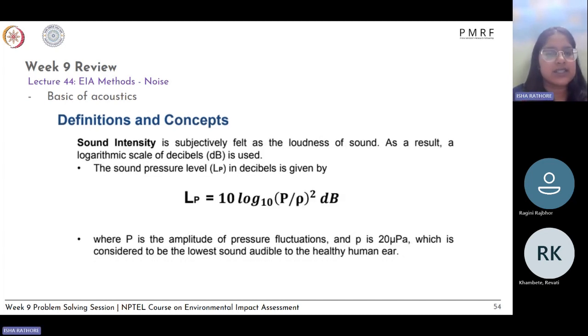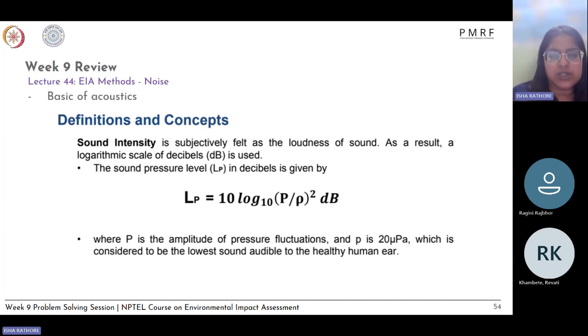Sound intensity is subjectively the loudness of sound that is felt by the listener. It's expressed on the logarithmic scale of decibels, and it's calculated by the given formula: 10 log to the base 10 of the square of p by p0, the amplitude of pressure fluctuations over p0, which is 20 micropascal.